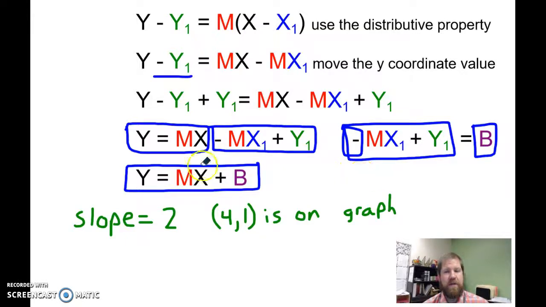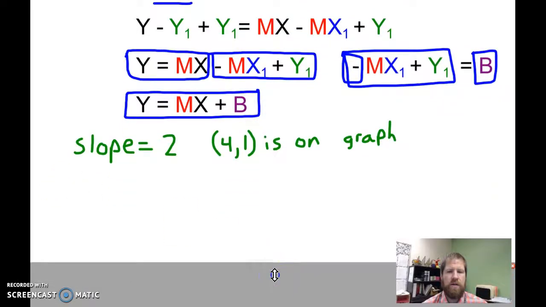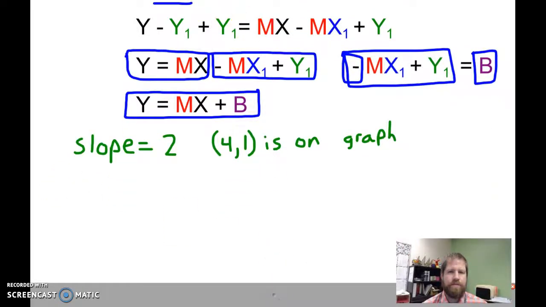We can find the slope and plug it straight into slope-intercept form. But if we have the slope and a point, or we have 2 points on the line that aren't the y-intercept, it's often going to be easiest to start with point slope form and translate it into slope-intercept form. Okay, so let's do that a couple times.